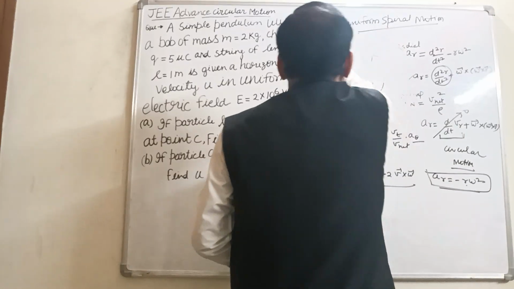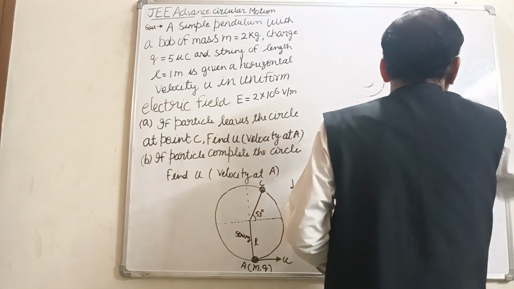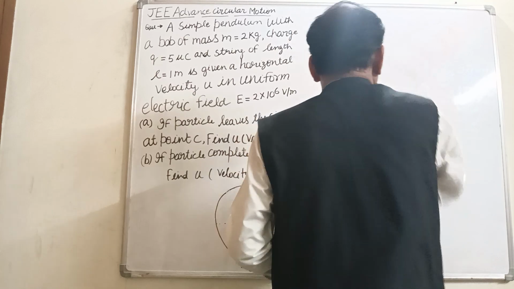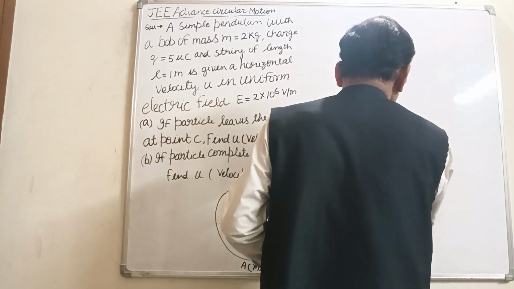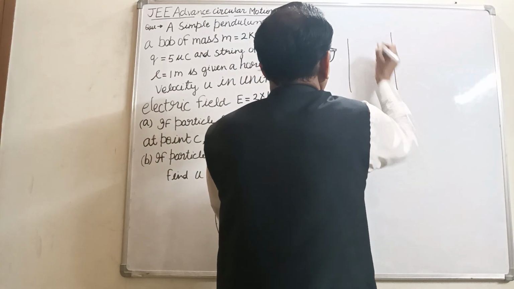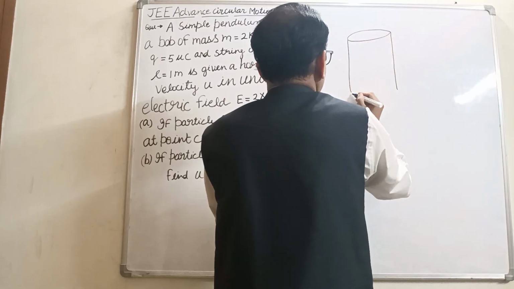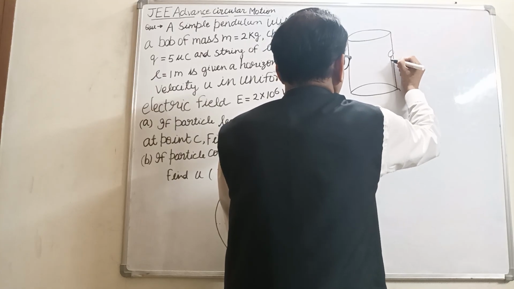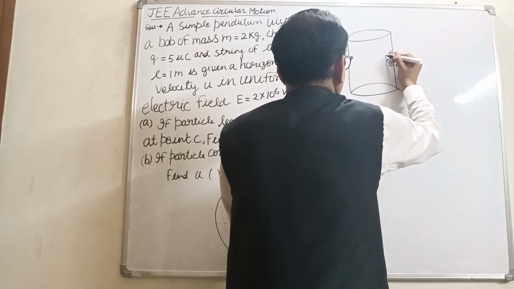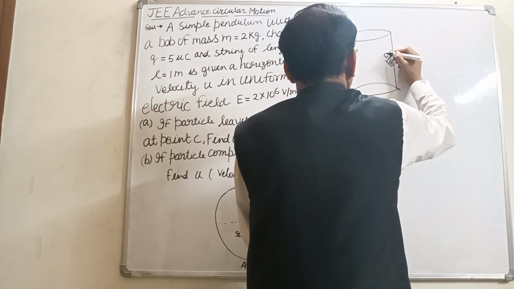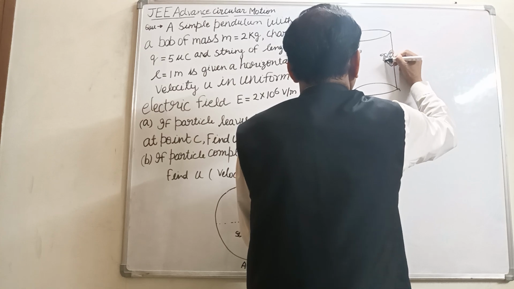So we take the case of a death wall here. In a death wall, the motion is horizontal. This is a cylindrical wall, and suppose this is a motorcycle with a handle, and the person is standing here.